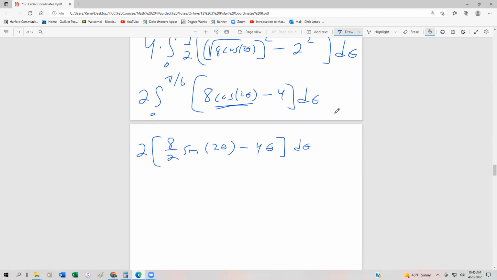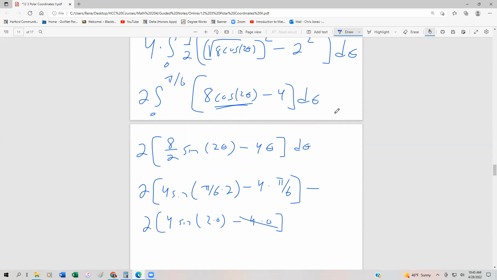So when we do that, we're going to end up with 2 times 4 sine of pi sixths times 2, minus 4 times pi sixths, and then minus 2 times 4 sine of 2 times 0 minus 4 times 0.